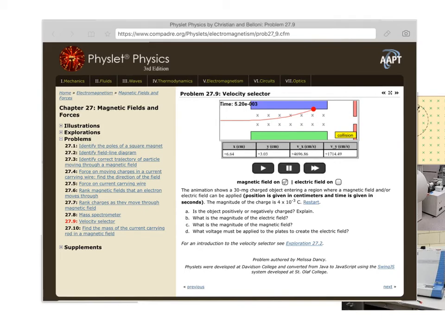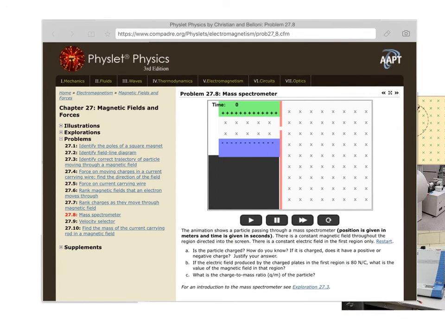And then if we turn the magnetic field off and the electric field on, and we run it again, it bends the other way. Okay, so you can play around with this, and you should play around with it. It's a lab. And then answer the questions. I think you know the physics you need to answer all the questions.